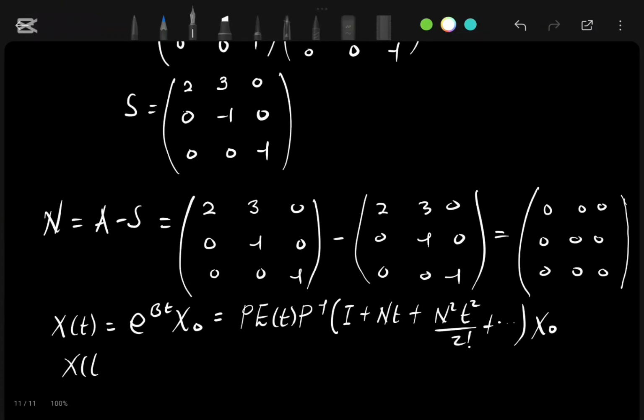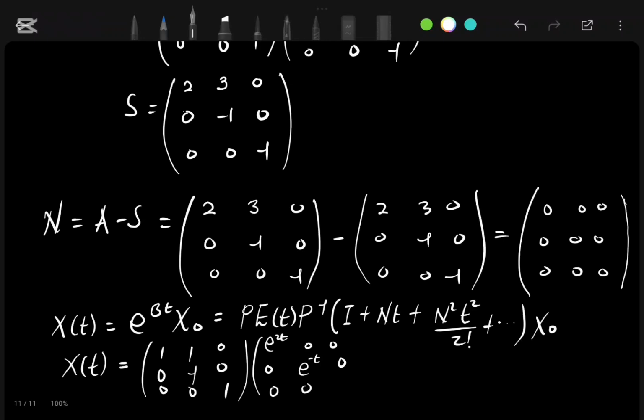Substituting, we have our x of t to be equal to our P is given by 1, 0, 0, 1 minus 1, 0, 0, 0, 1. Our e to the Dt is given by e raised to the power 2t, 0, 0, 0, e raised to the power minus t, 0, 0, 0, e raised to the power minus t. And finally, our P inverse is also 1, 0, 0, 1 minus 1, 0, 0, 0, 1.